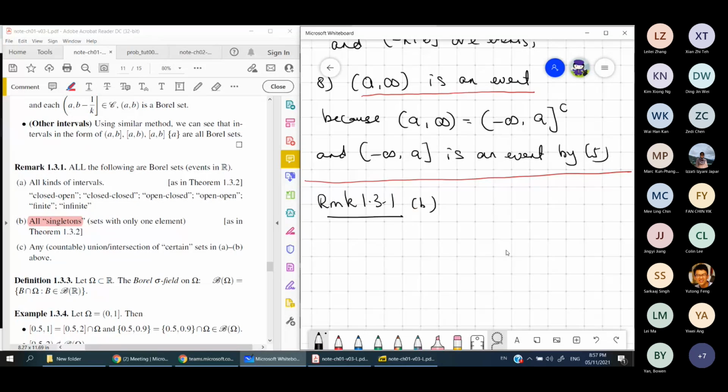For example, we can see a singleton is an event. It's a Borel set, and you can use the same idea: Borel set means event. So this one is a Borel set.